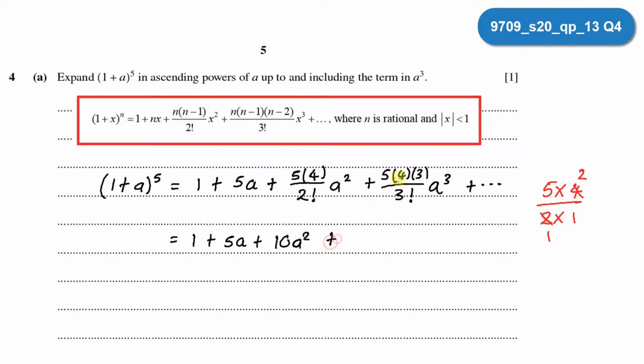Then that's plus 5, 4, 3 over 3 factorial. That's 5 times 4 times 3 over 3 factorial is 3 times 2 times 1. So 3 into 3, that's 1. 2 into 4, that's 2. So 5 times 2, that's 10. So that's 10a cubed. So this is what we have eventually. That's the answer to part A.